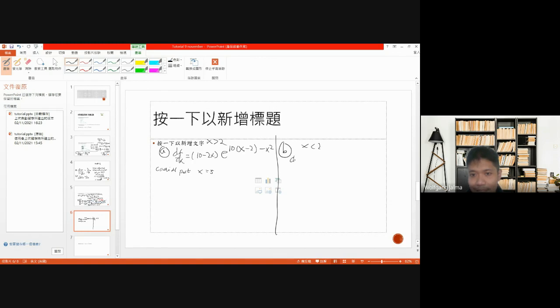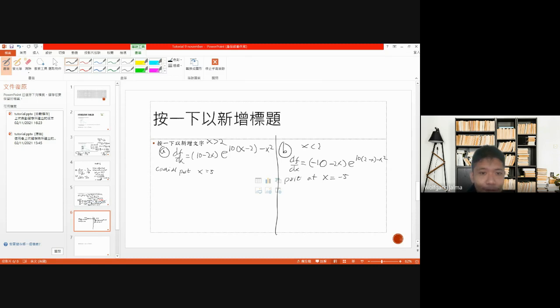We have df dx equals minus 10 minus 2x e to the power of 10 times 2 minus x squared, and we have a candidate point at x equal minus 5.